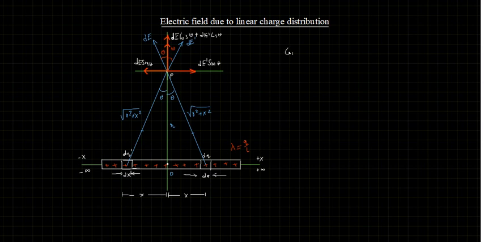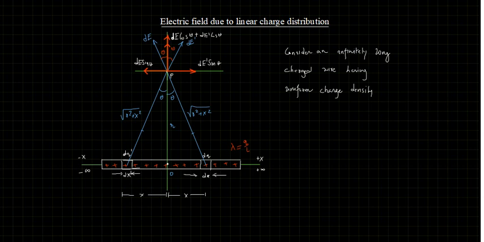So we can start writing like this. We can consider an infinitely long charged wire or rod, whatever, having uniform linear charge density lambda, which is equal to total charge Q by total length L, but L and Q are not given to us, so we need to find it.